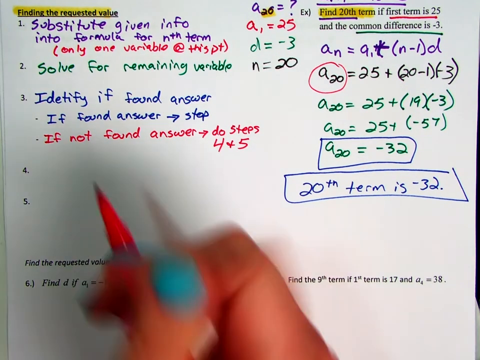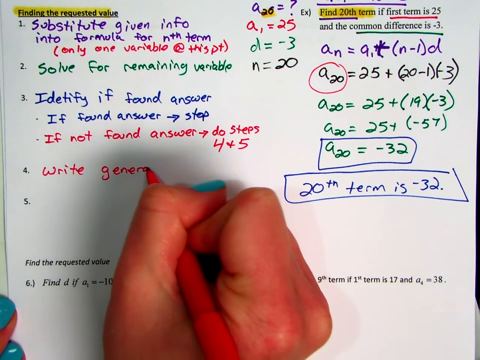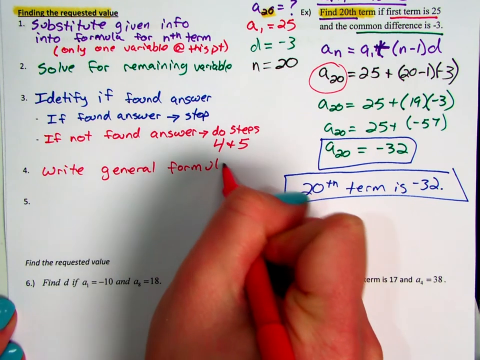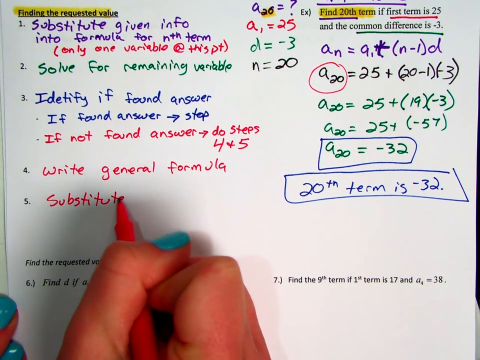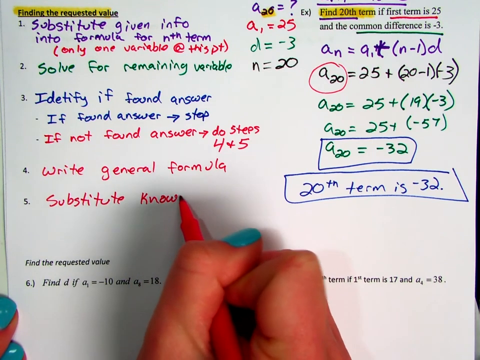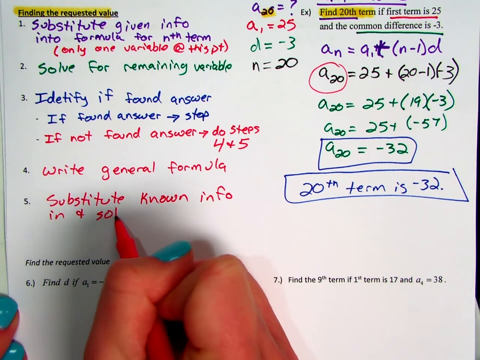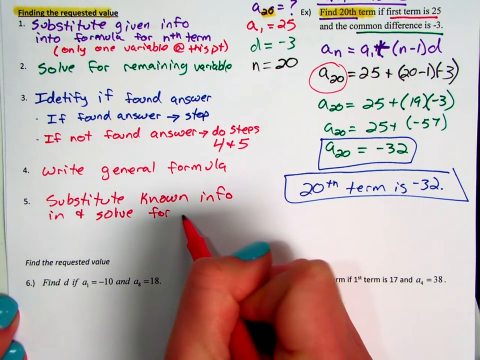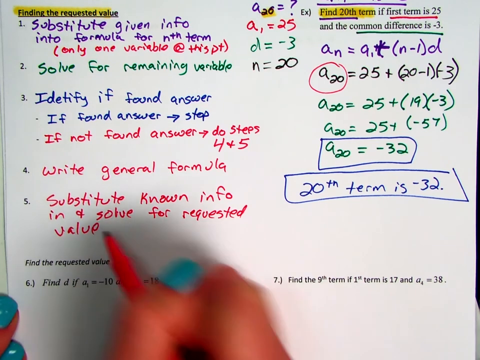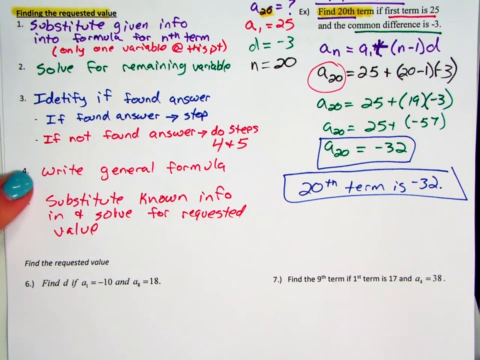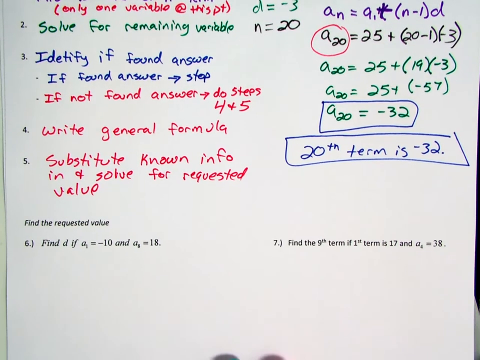Step 4 is to write the general formula, and then substitute known info in and solve for the requested value. I will tell you, about 2/3 of the time, these extra steps are something you're going to have to do. So let's do example 6.